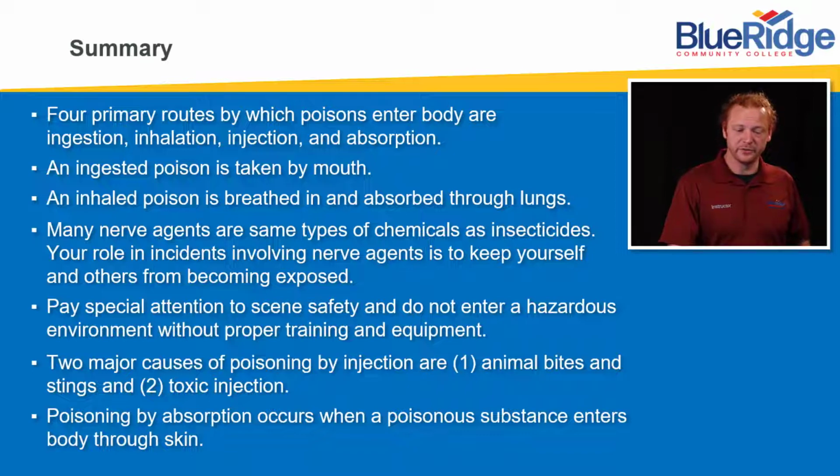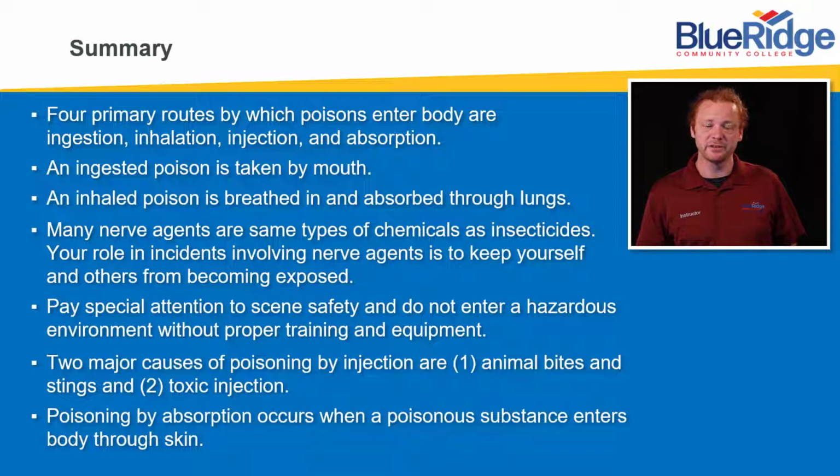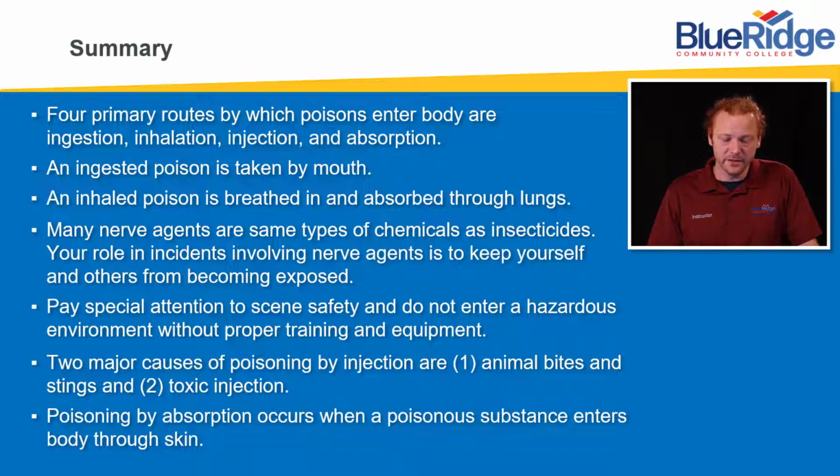A person experiencing absorption poisoning may have both localized and systemic signs and symptoms. Many nerve agents are the same types of chemicals used in pesticides or insecticides, and your role in incidents involving these nerve agents is to keep yourself, your partner, and bystanders from becoming exposed. It is important to pay special attention to scene safety and not to enter a hazardous environment without the proper training and PPE.